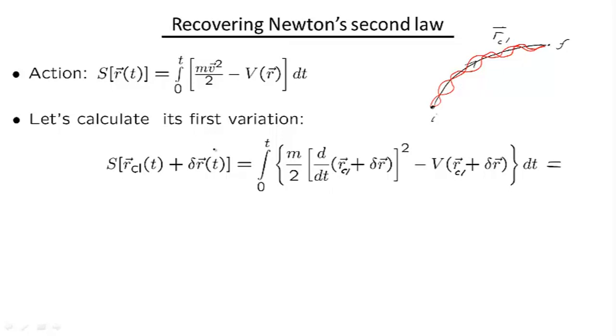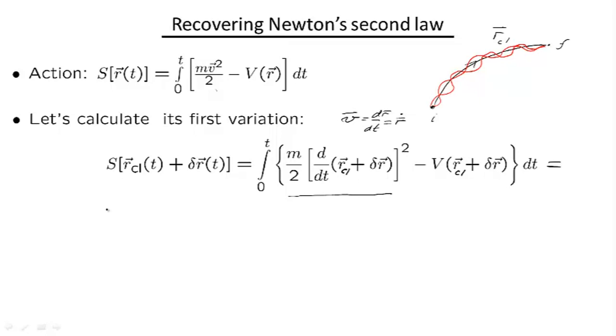So if we simply plug this expression into the expression for the action, we're going to have the kinetic energy term. Of course the velocity is just dr over dt, or for brevity we can write it as r dot. We're going to have two terms as an argument of the potential energy. And since dr is very small, we're going to keep track only of the linear terms.